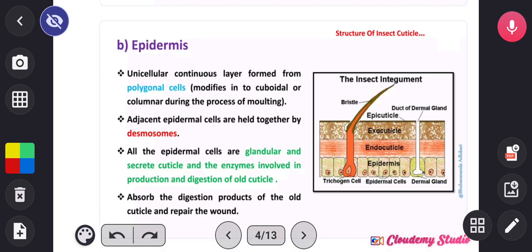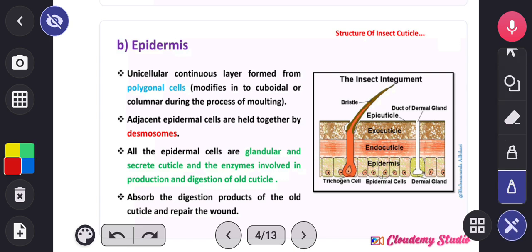The second thing is the epidermis itself. The epidermis is a continuous layer formed by polygonal cells that are modified into cuboidal or columnar during the process of molting, which we will talk about.